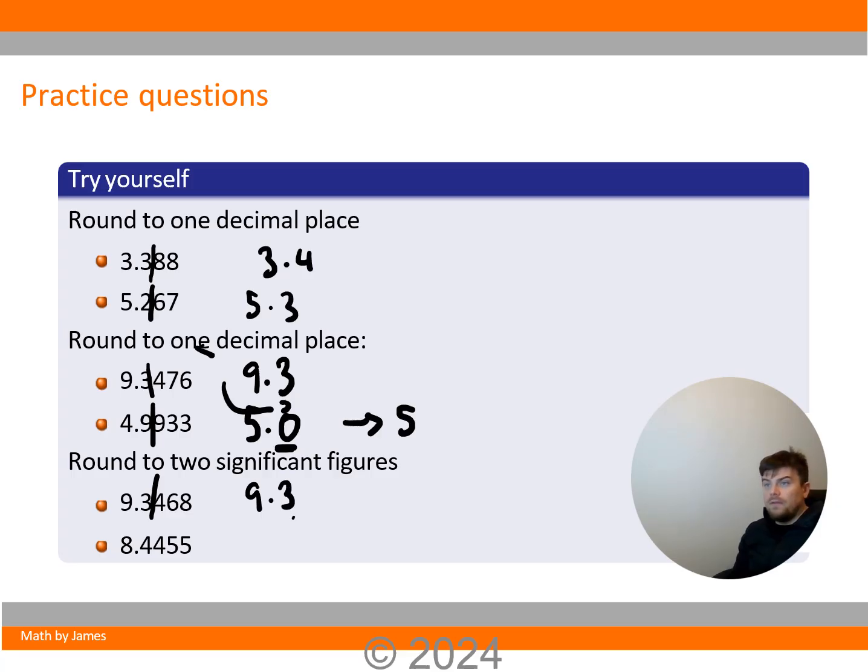Figure 1 and figure 2. In the next part, we look at rounding to 2 significant figures. Again, here, do we round down or do we round up? We round down because we've got a 4 here, which means we've got 8.4.